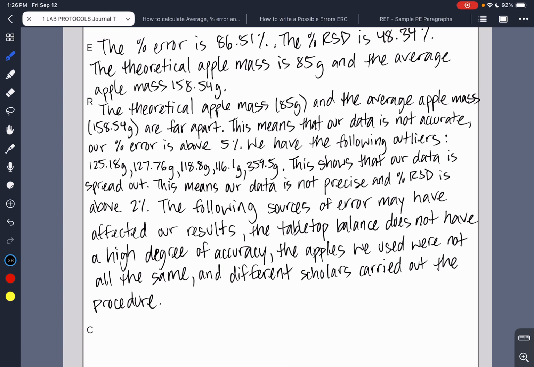And when you're writing these possible errors, you just need to include at least one. For example, if your percent error is too high, include just one accuracy error. If your percent RSD is too high, include just one precision error. If you want to add more, you can. The more detailed you are in this, the higher your grade. The less detailed, the lower your grade would be.